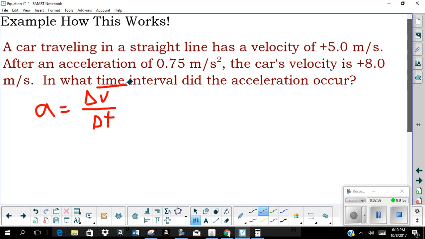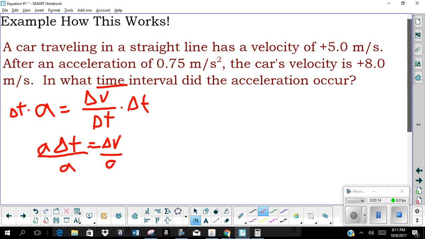So I'm going to multiply both sides by delta T, and I'm left with A delta T equals delta V. Divide both sides by A, and I am left with delta T equals delta V over A.